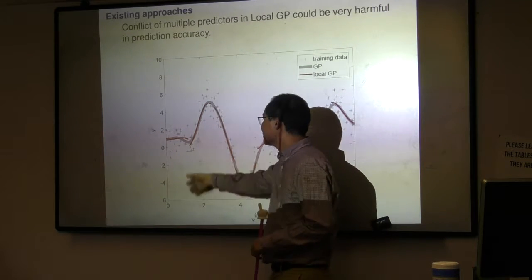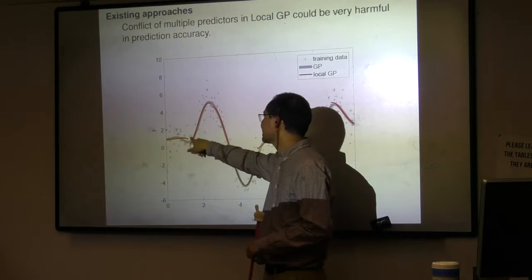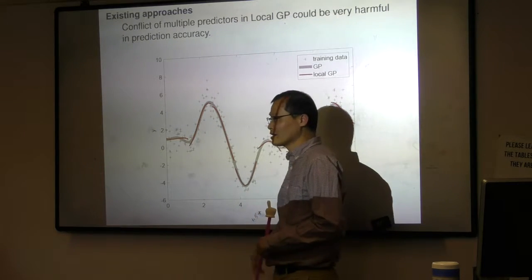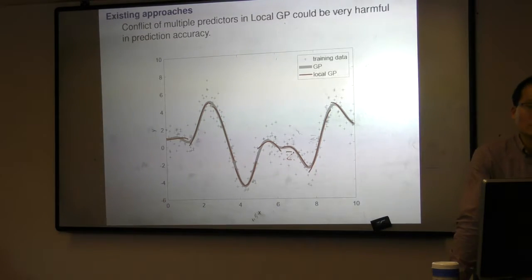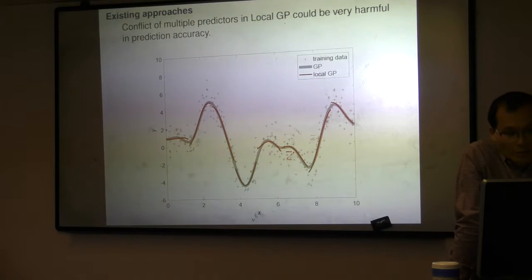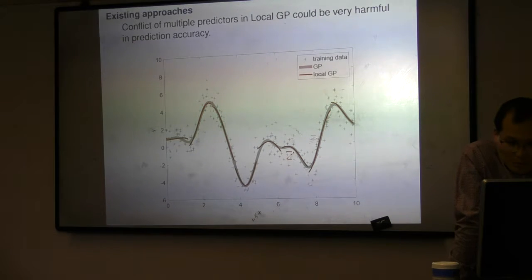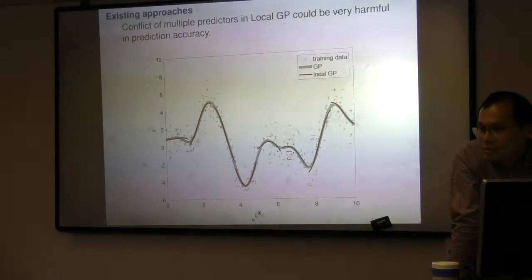If you partition, you have more boundaries, and then your prediction is worse along the boundaries. With one more partition, it probably gets worse. So this is the so-called conflict of multiple predictions problem. You have multiple predictors at the same point, and that prediction is not very accurate because of the boundary issue.